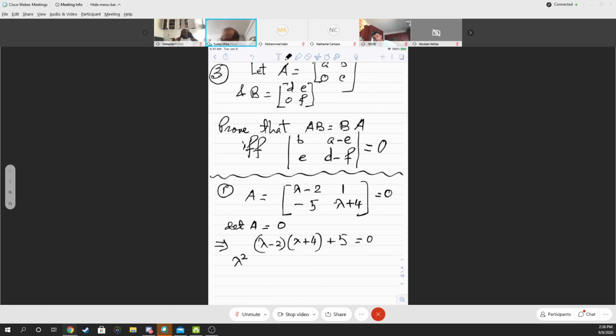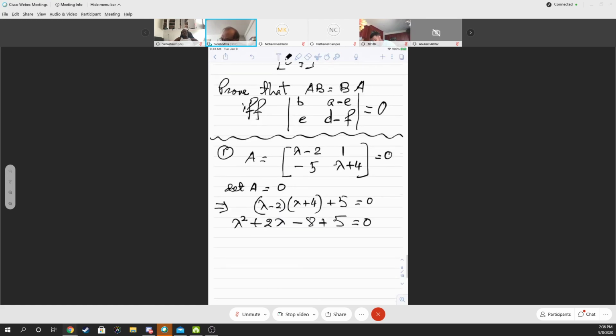Lambda squared minus 2 lambda plus 4 lambda plus 2 lambda minus 8 plus 5 is 0. Lambda squared plus 2 lambda minus 3 is 0. Lambda plus 3 times lambda minus 1 is 0. That implies lambda equal to 1 or minus 3. Got this?